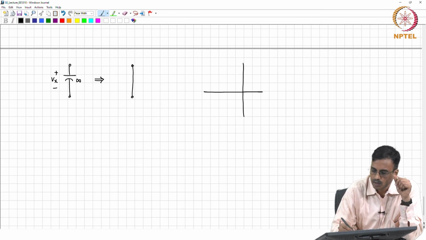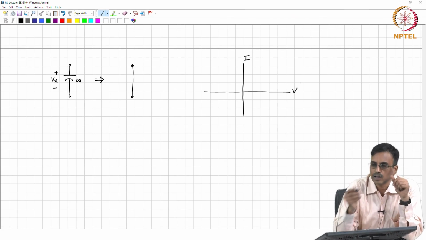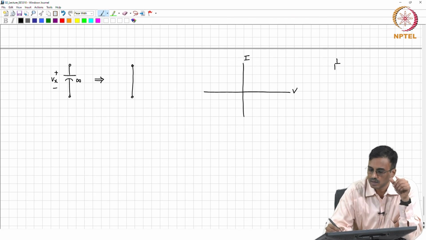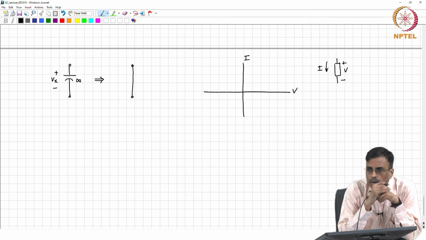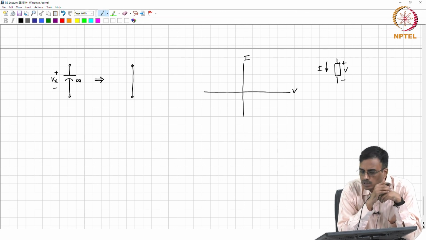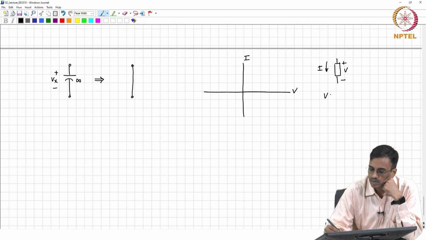So, if you take a memoryless passive element and if you plot its IV characteristics, what comment can you make? Remember that the convention is always that if you have voltage here, the current must flow in this direction. So, what comment can we make about V into I? Pardon? V into I must be positive for a passive element, must be greater than or equal to 0 for a passive element.